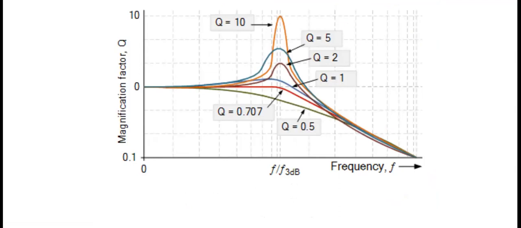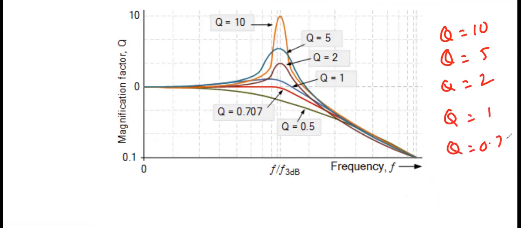For a filter, for different values of Q: Q equals 10, Q equals 5, Q equals 2, Q equals 1, Q equals 0.707, which is very important, and Q equals 0.5. For Q equals 0.5, you can follow this line here.